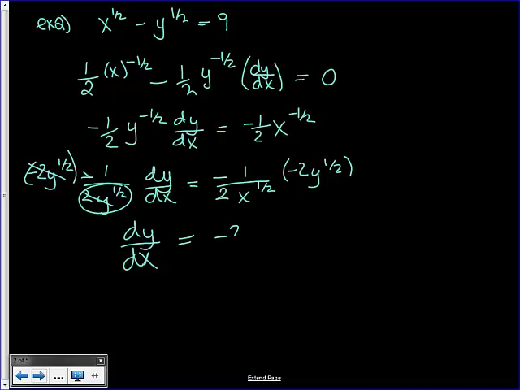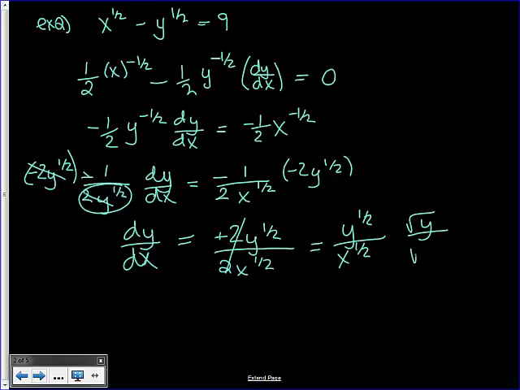So I have negative 2y to the 1/2 over, well, negative times a negative is a positive, so that should be a positive actually, 2x to the 1/2. 2's cancel, and I'm literally left with y to the 1/2 over x to the 1/2, or the square root of y over the square root of x. Same thing, doesn't matter.